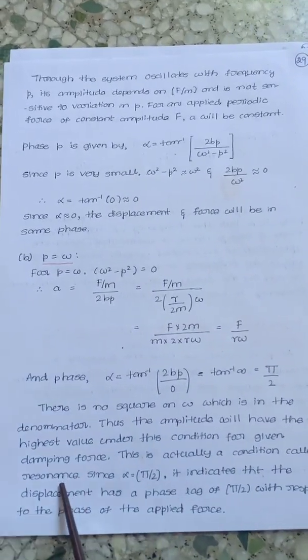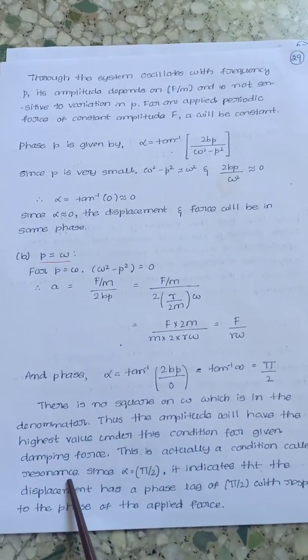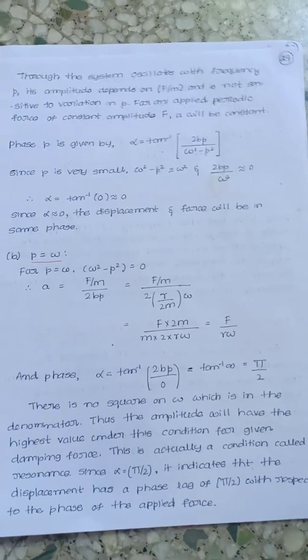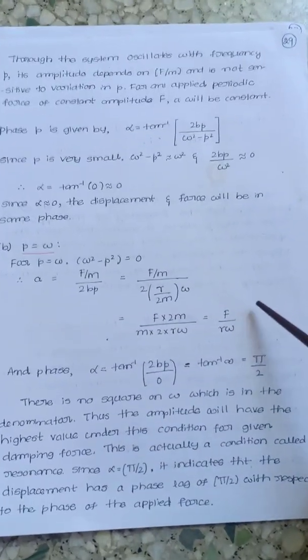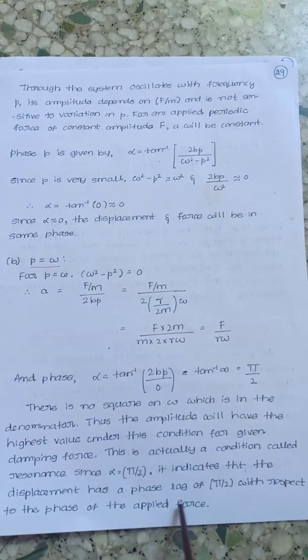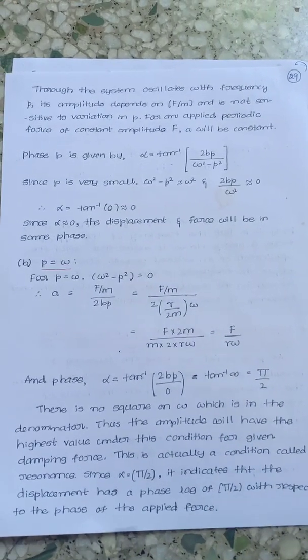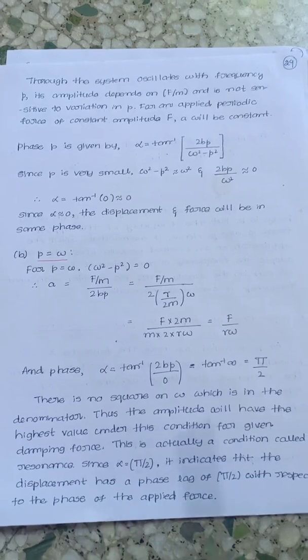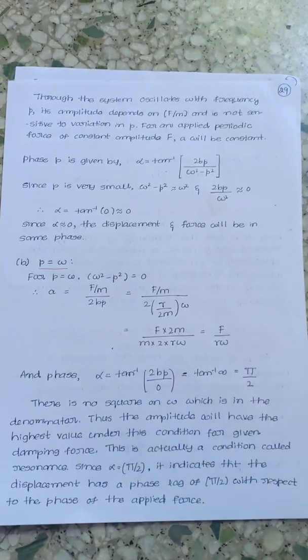This condition is known as resonance, which we'll study later. So alpha is pi by 2. It indicates that the displacement has a phase lag of pi by 2 with respect to the phase of the applied force. So this is your case 2.